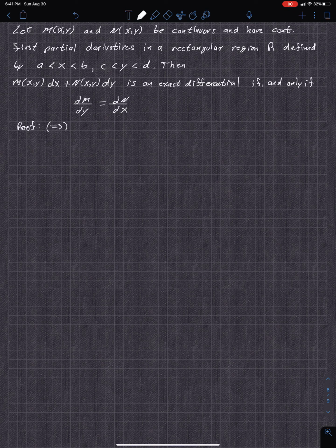So assume that that's exact. For your first statement, you have to assume the antecedent, so you assume P essentially. Assume M(x,y) dx plus N(x,y) dy is exact.